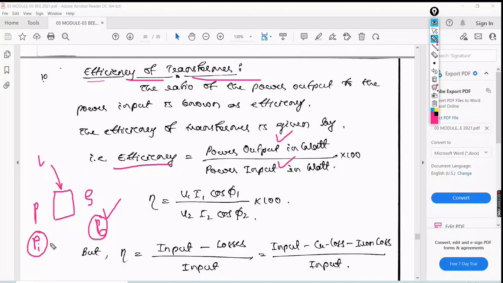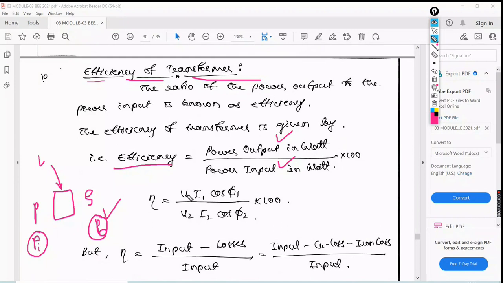Primary is the input power, secondary is the output power. The ratio of output power to input power is called efficiency, which is always expressed in terms of percentage.